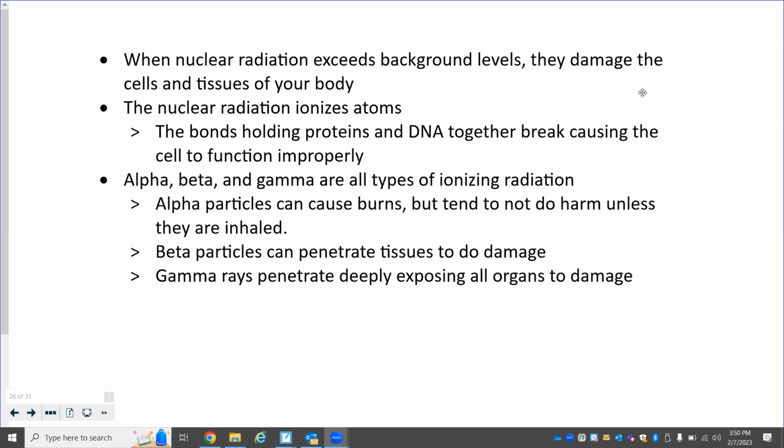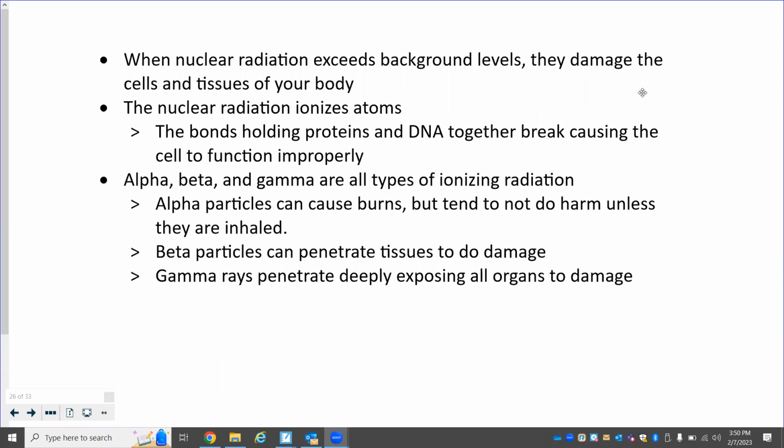All right, so we talked about how most of the radiation we're exposed to is background radiation. But whenever nuclear radiation exceeds those background levels, that's when it can start to damage your body by affecting your cells and tissues. All types of nuclear radiation ionize atoms, so it alters the atom itself.